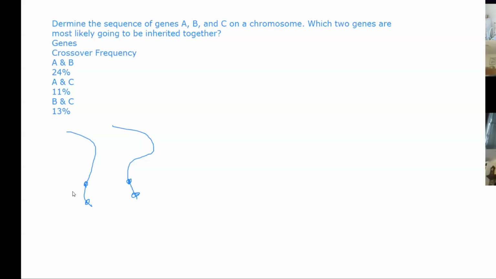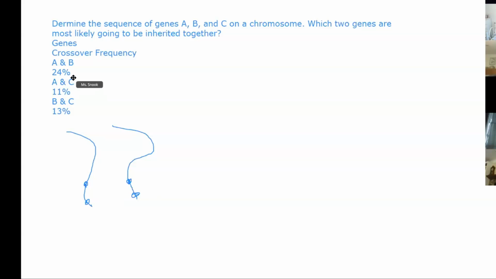So maybe these broke off and they switch spots. Anyways, if this is A and B, maybe this is a dominant B and this is a recessive B, and then they swapped during prophase 1, crossing over.